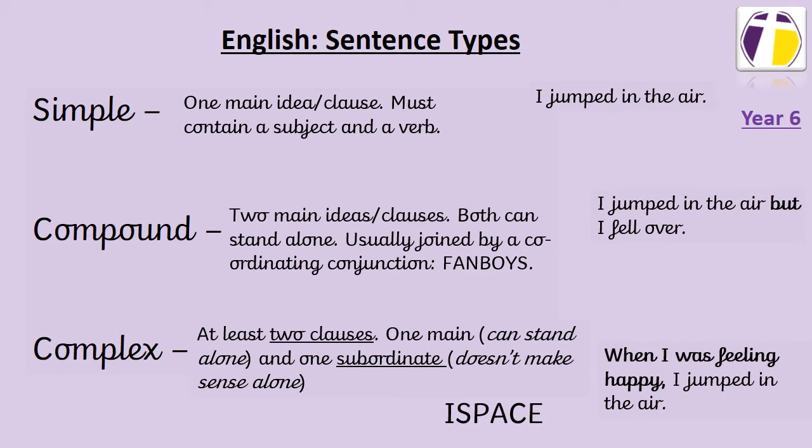When I was feeling happy, I jumped in the air. I jumped in the air is the main clause here, the bit that makes sense by itself. The subordinate clause at the start of our sentence is when I was feeling happy. You can see that between these two clauses we need a comma. We might also use a White Plus and subordinating conjunctions as a way of remembering some ways we can start our sentence.